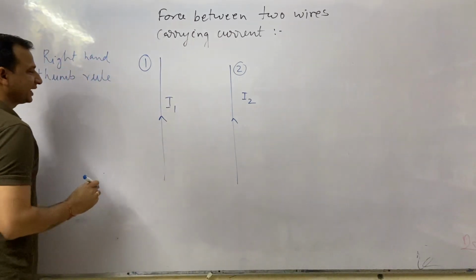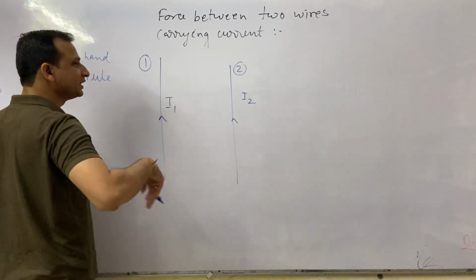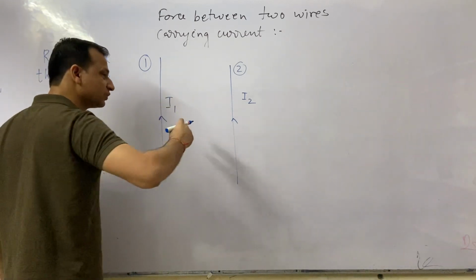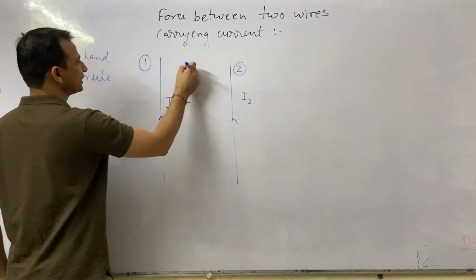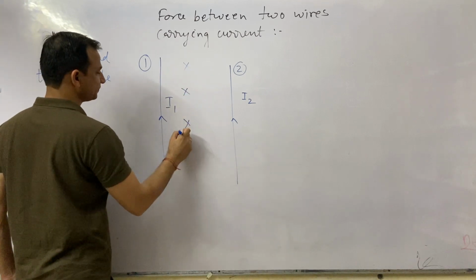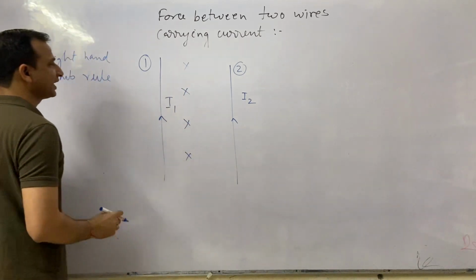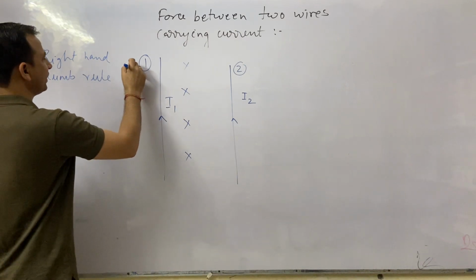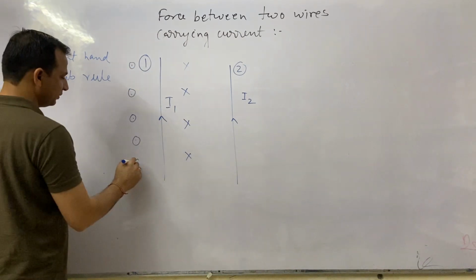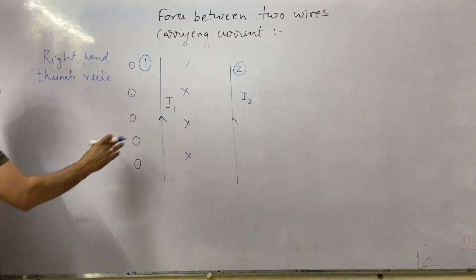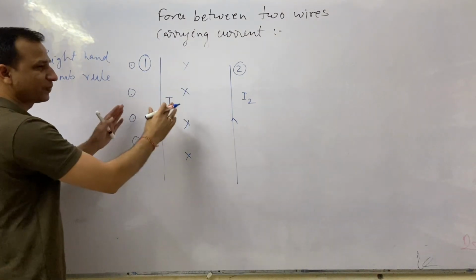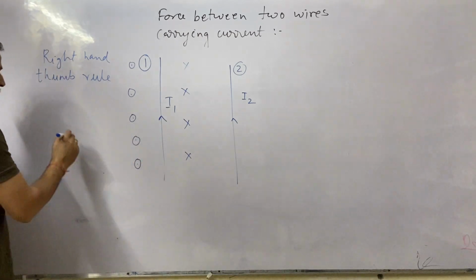Now, when magnetic field lines are going into the page or the screen or the whiteboard, we represent them by a cross. And when magnetic field lines are coming out of the page, we represent them by a dot. This convention of representing magnetic field is inspired by the arrow.